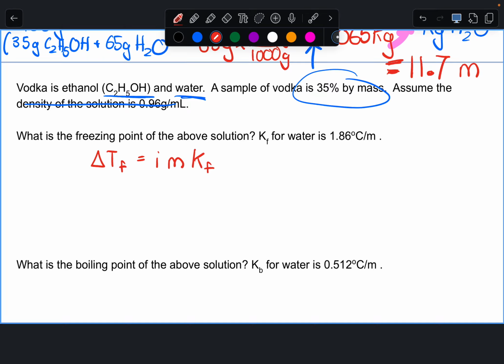Now, I for a covalent compound is just 1. And it probably won't make sense why until we talk about ionic compounds. So for now, just plug a 1 in there for the I, and then we'll talk about ionic compounds in a second. Okay, so go ahead and calculate.